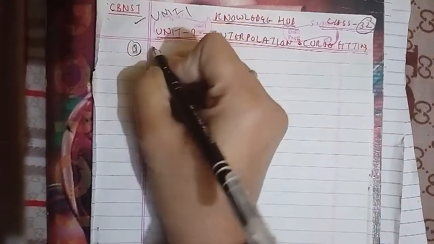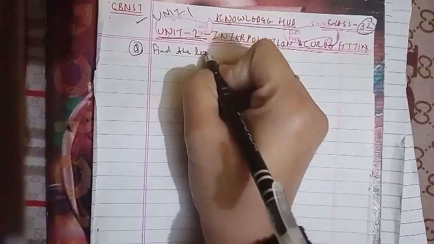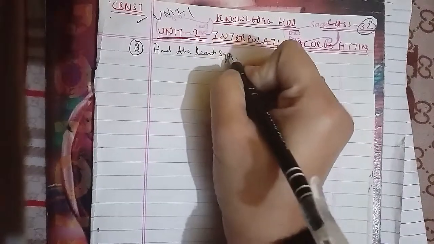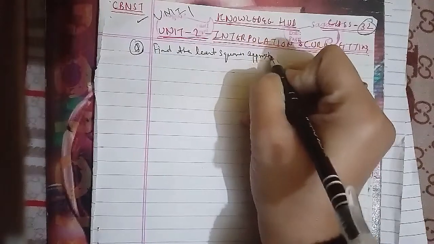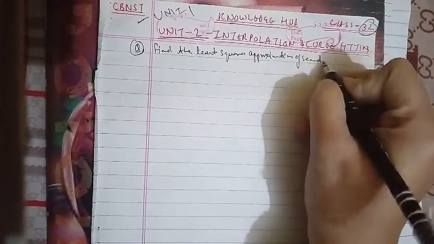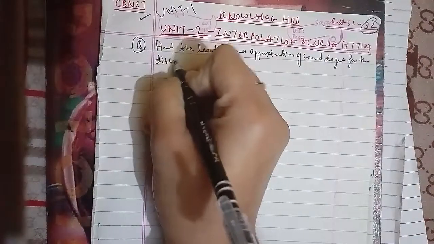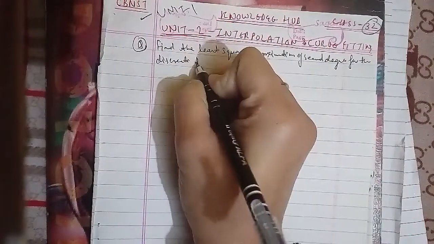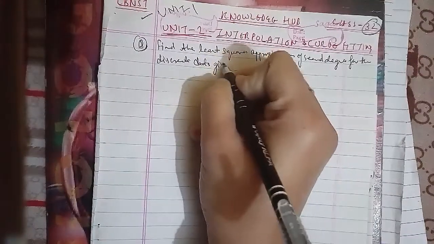The question we have: find the least squares approximation of second degree for the discrete data given below.